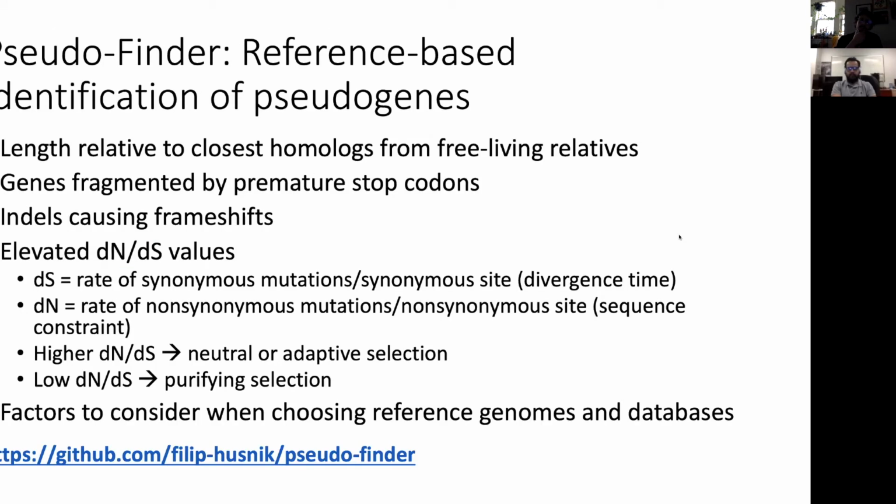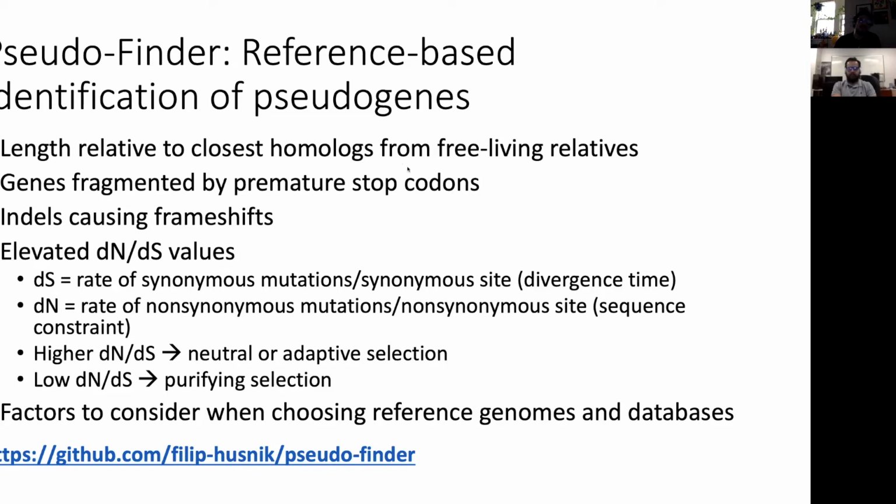The way it does that is a reference-based approach. By reference-based, I mean that it relies on genes that it assumes are intact, and these could be genes in NCBI's RefSeq database, or it could be a custom protein data set that you provide the program. And it compares the length of the genes to homologs.